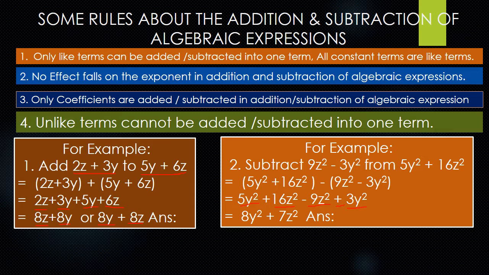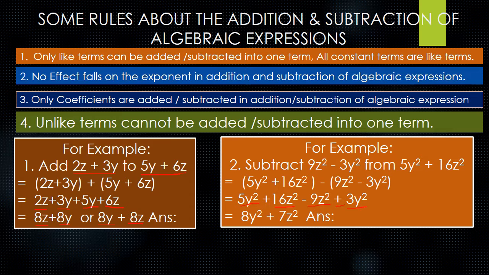It is because, sorry, when we multiply minus with minus we get plus. So this minus multiplies with 9z square and this minus also multiplies with minus 3y square. So when we multiply minus with minus 3y square we get plus 3y square.